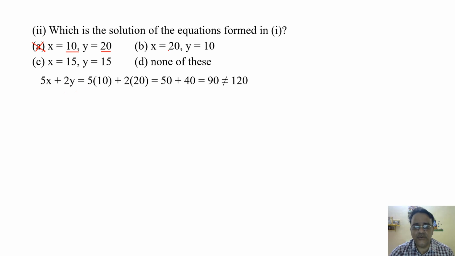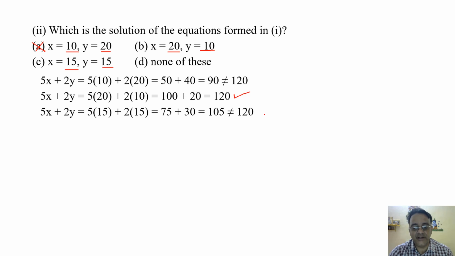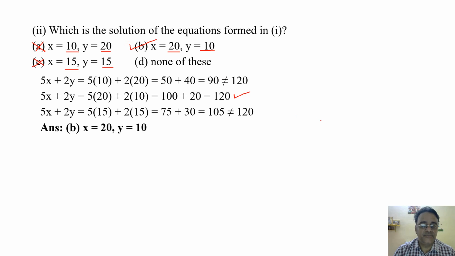Now the second one, 20 and 10. 5 into 20 is 100, 2 into 10 is 20, 100 plus 20 is 120. So we are getting this one. एक बार और थर्ड वाला भी चेक कर लेते हैं. 5 into 15 is 75, 2 into 15 is 30. So we are getting 105, which is not equal to 120. So the correct option is option B, right? So now we are moving toward the next question.